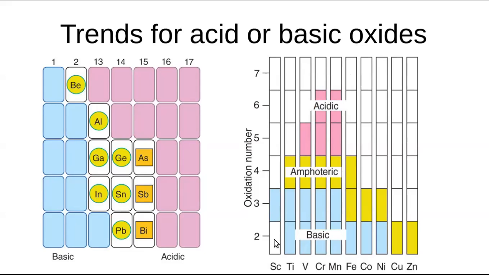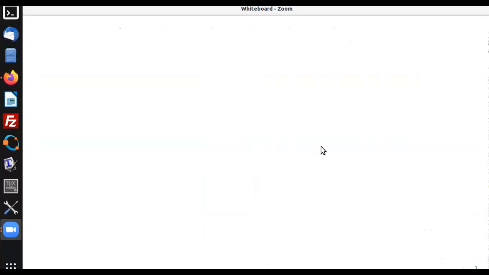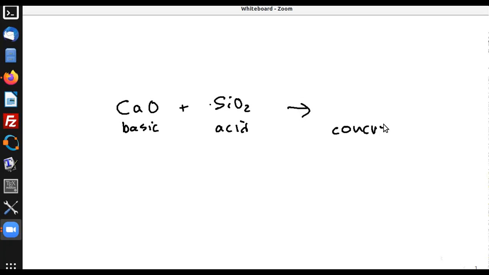So this is of importance, for example, if you have a basic oxide, calcium oxide, and an acid oxide, SiO2, you can get concrete, a mix.